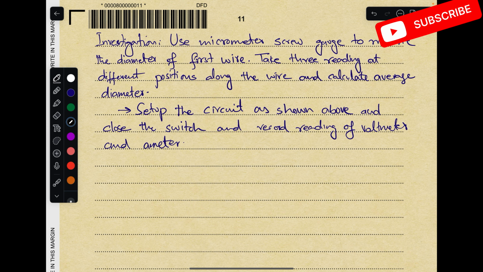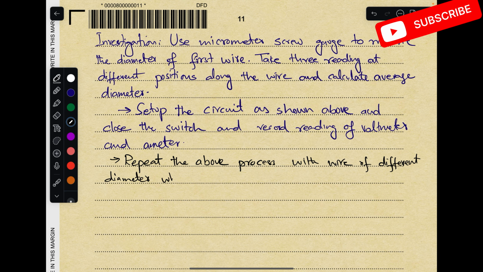You can simply say, for the third point, repeat the above process with wire of different diameter while keeping length and material the same. So this is what you are keeping constant. This will give you another 1 mark.